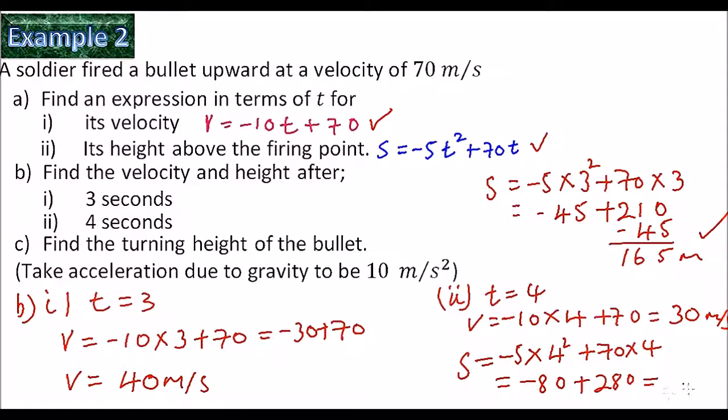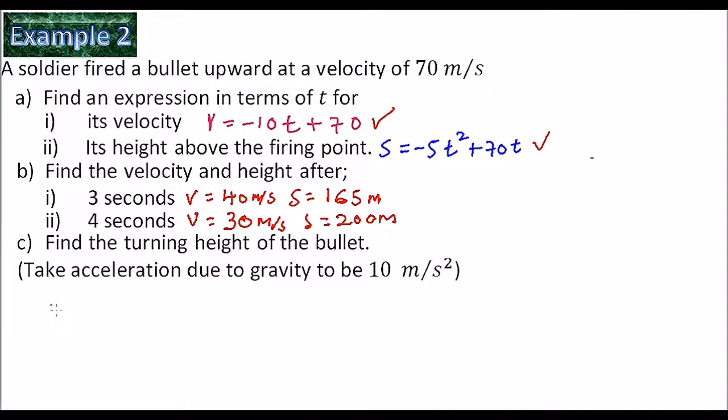So when you subtract, the height or the displacement is 200 meters. That is how you work out part B of this question, and you'll be able to get the velocity and the displacement after 3 and 4 seconds.